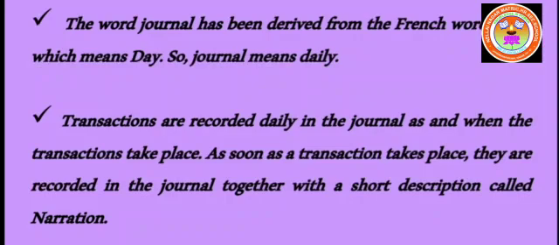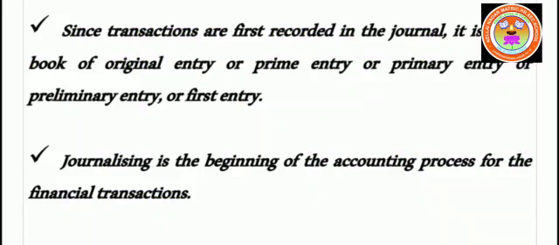So this is the first book of entering the transaction. So it is also called original entry, prime entry, primary entry or preliminary entry or first entry. Journalizing is a beginning stage of accounting process for the financial transactions.